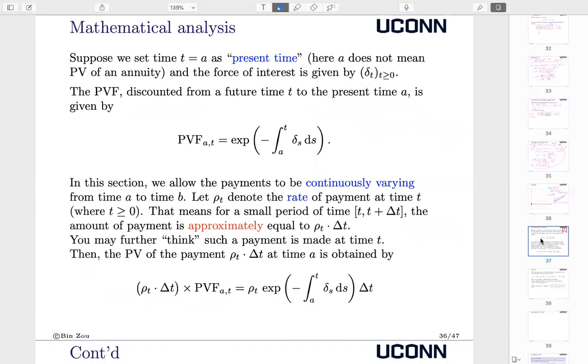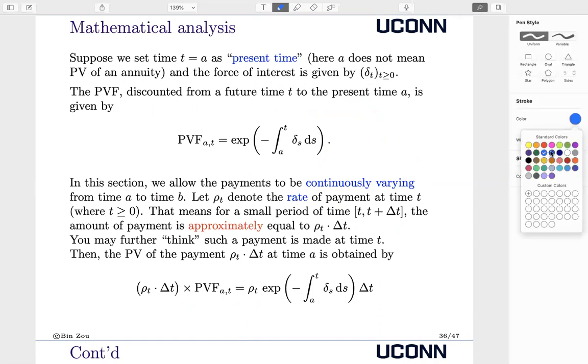Now let's take a look at the setup. What we first need to study is the PV factor. This part we actually studied in chapter 1. When we studied the time value, we studied simple interest, compound interest, and the last one was force of interest or continuous interest.